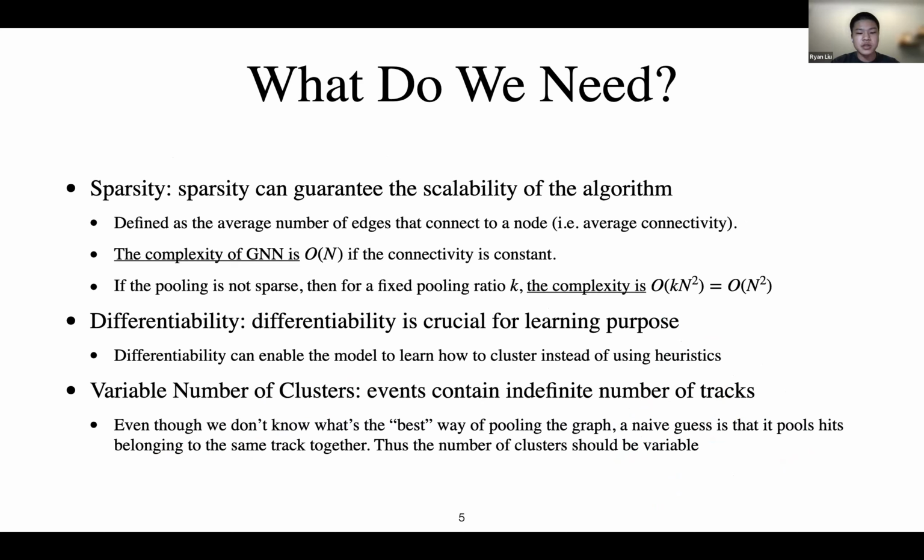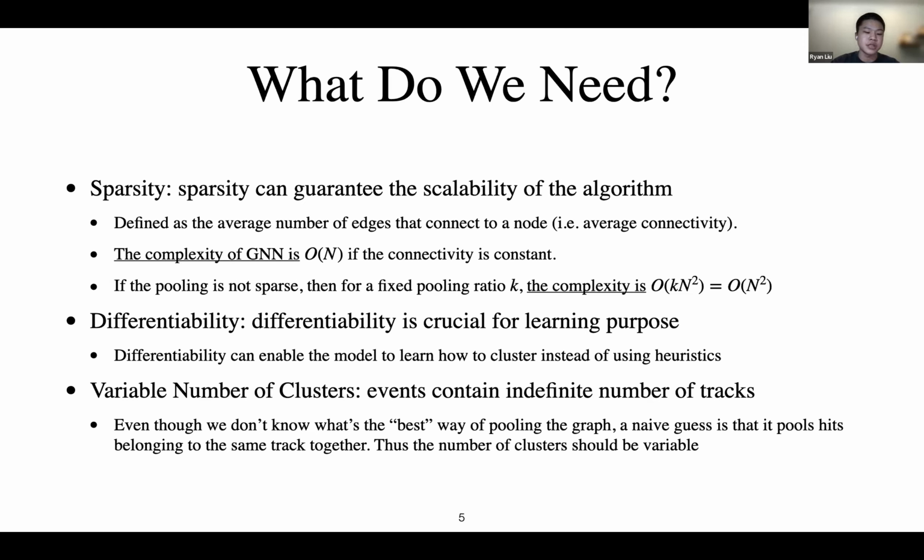So the sparsity, which is defined as the average number of edges connected to a node, must be controlled. Secondly, the algorithm must be differentiable. If not, then the network is not learnable. Then we would have to use some heuristic to pool the graph, which is something we would like to avoid because this would significantly constrain the possible form that the learned model might take.